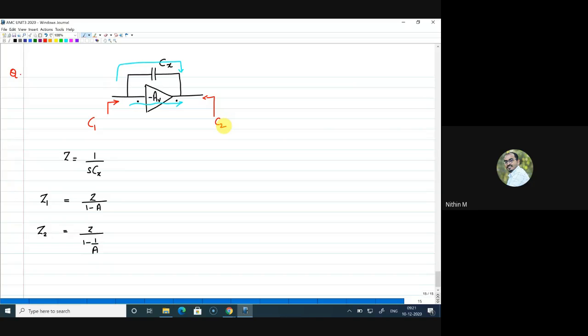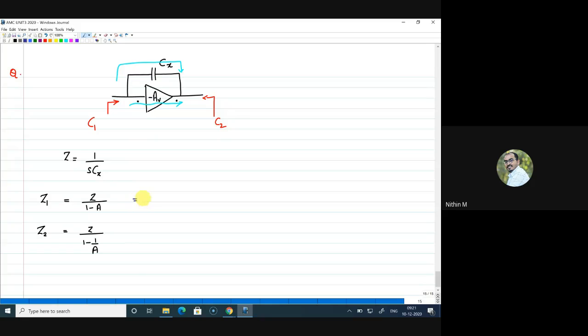I know Z1, which is Z by 1 minus A. So what is C1? Yeah, it is Cx into 1 plus A. Yes, that's right, Rajat. Kirtana, you were asked to write the capacitance value, so SCx will not be written directly. Let me write it here.